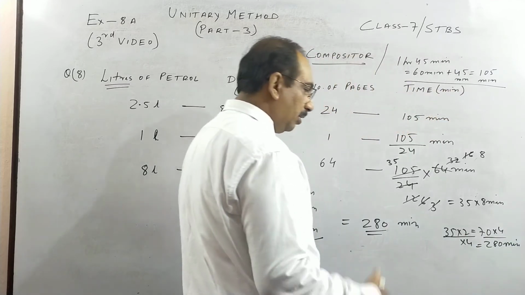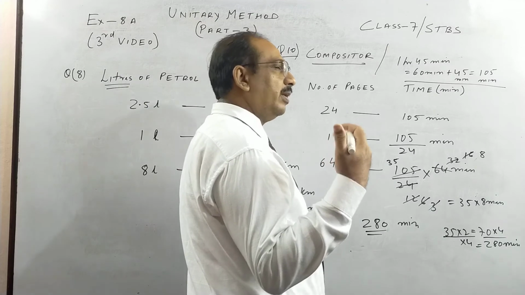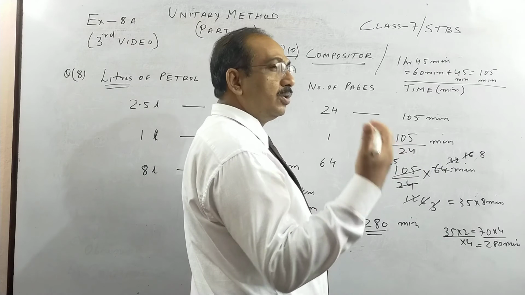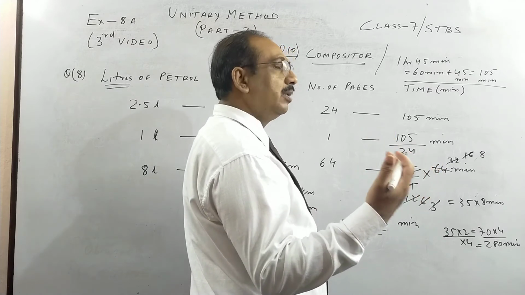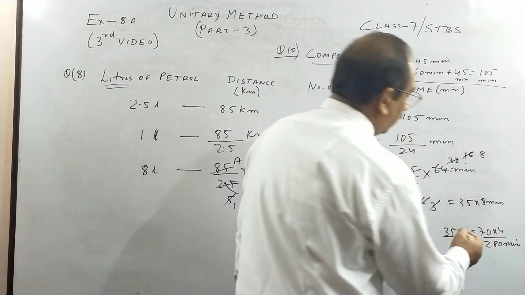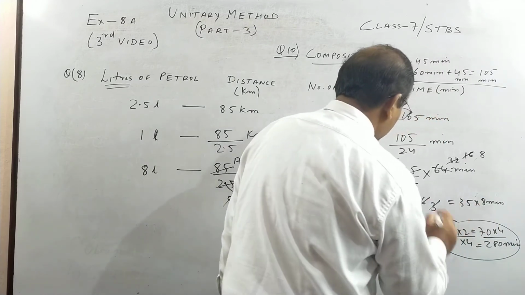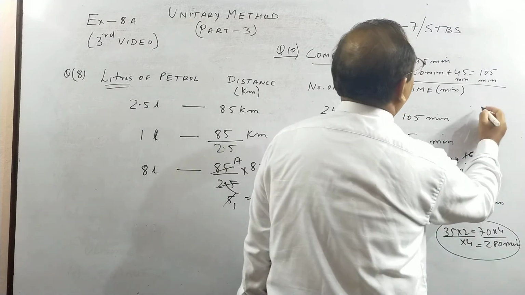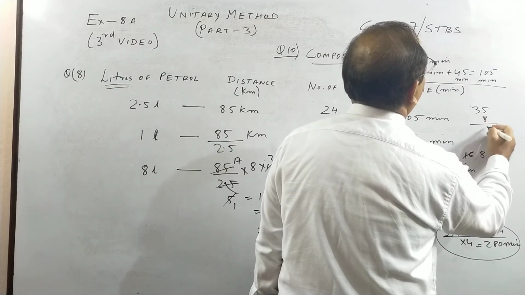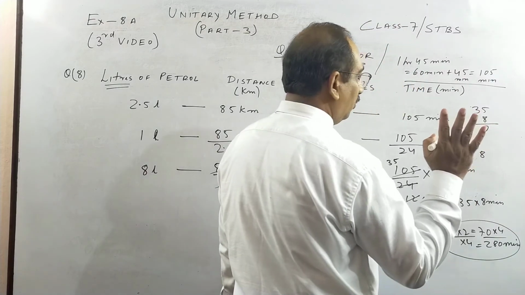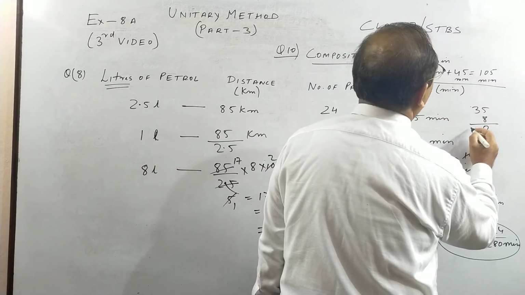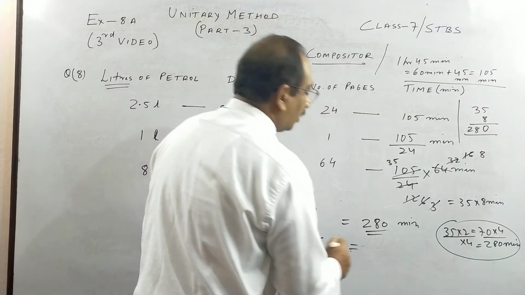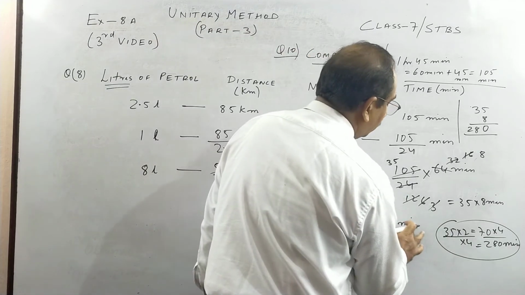Mental maths takes time: 35 twos are 70, 4s are 140, 6s are 210, and 8s are 280. Otherwise, if you don't understand this logic, you do as we do: 35 into 8, 8 fives are 40, 8 threes are 24, and 4 is 28. So 280 minutes. Now how to convert it to hours and minutes?